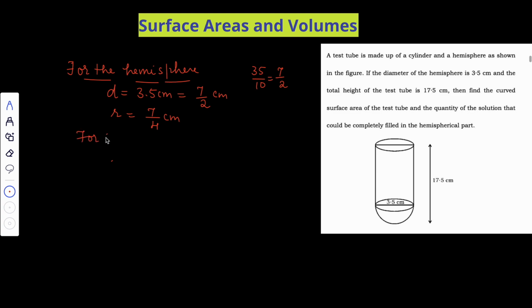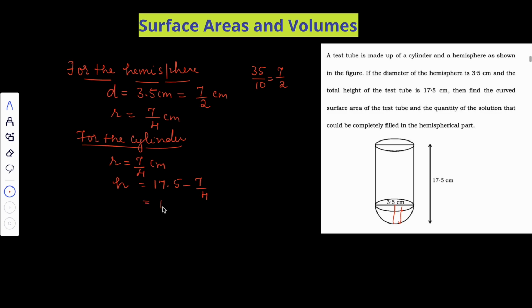Now for the cylinder, since both the cylindrical part and the hemispherical part are attached here, the radius is the same, that is 7 by 4 centimeter. And the height of the cylindrical part will become, from the total height we have to subtract the radius of the hemispherical part, that is 17.5 minus 7 by 4, that is the radius of the hemispherical part.